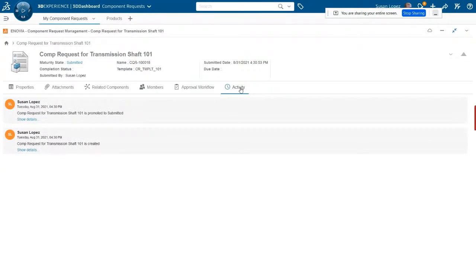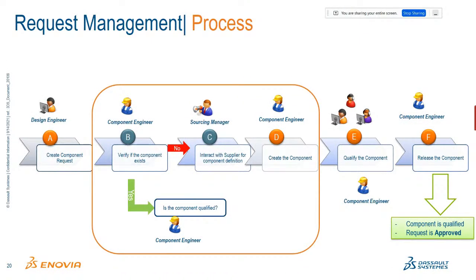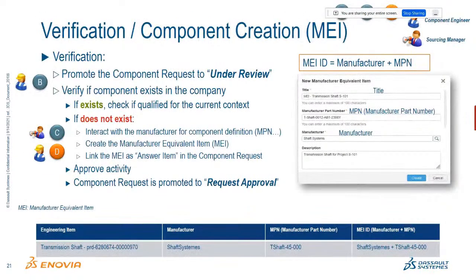At that moment, we are now moving to the next step, as we can see here. Here we have 3 steps, where at the end we are going to demonstrate the creation of the component, which will be the MEI creation. As we said before, we first need to do some kind of verification. We need to understand: does the component exist? Is it qualified? If it does not exist, and that will be our case, then we start interacting with the manufacturer.